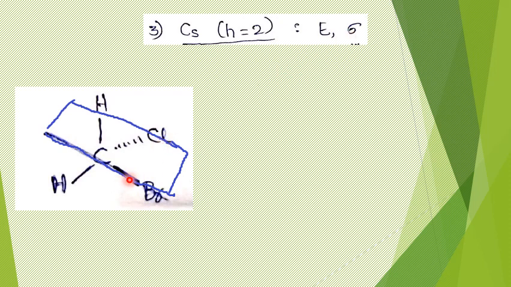Neither i it has, nor any rotation operations are possible on this molecule. So if we exclude identity, the other operation that is possible on this molecule is sigma, mirror plane. And that mirror plane, I will just try to imagine it in this diagram itself. That plane bisects exactly this bond angle, the tetrahedral bond angle between hydrogen, carbon and hydrogen.